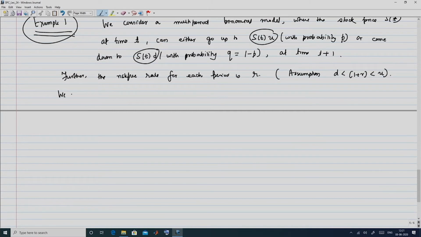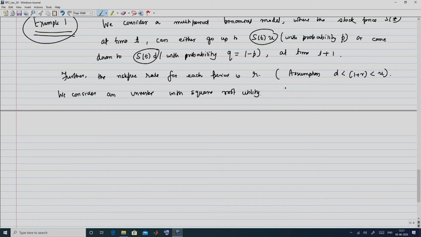Accordingly, we consider an investor with square root utility.